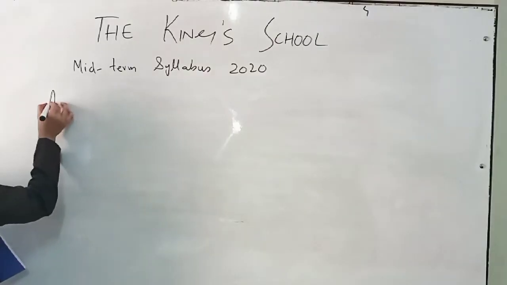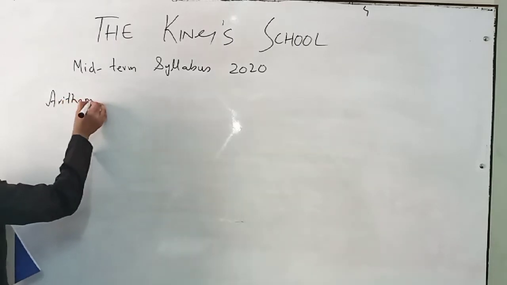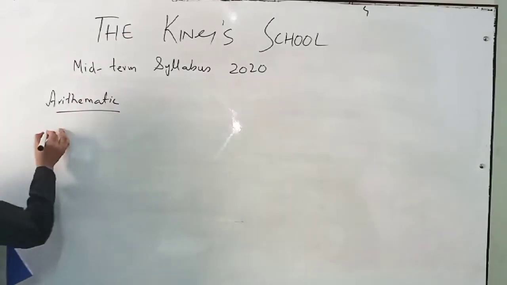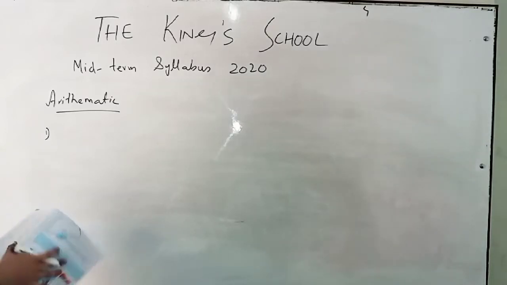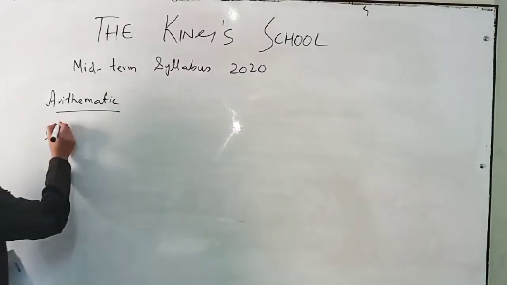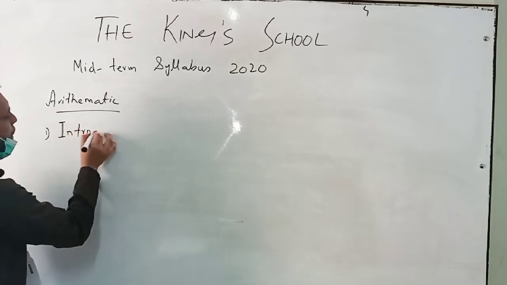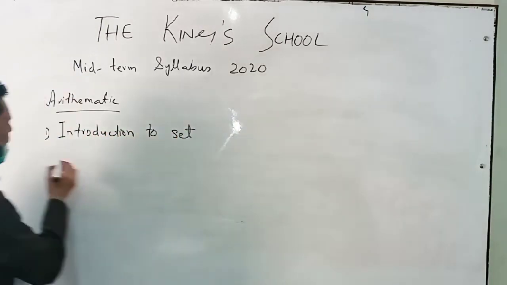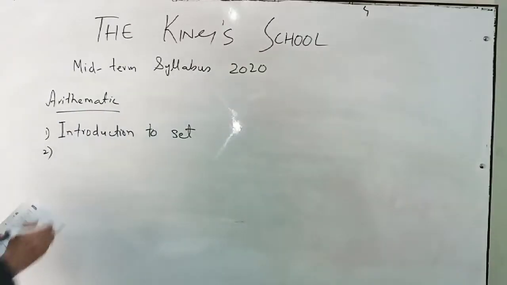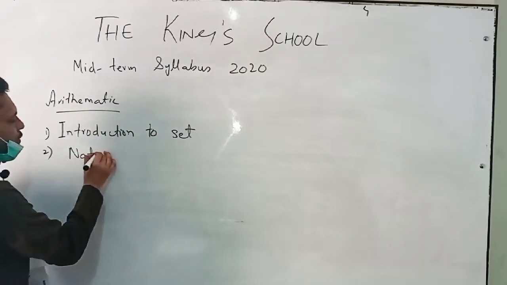First, we write the arithmetic questions. We have chapter 1, Introduction to Set. The second chapter is Natural and Whole Number.